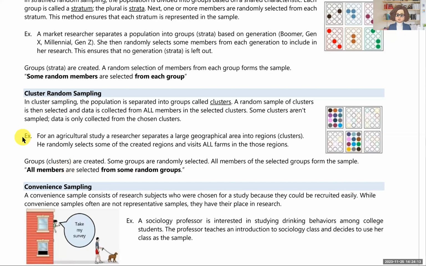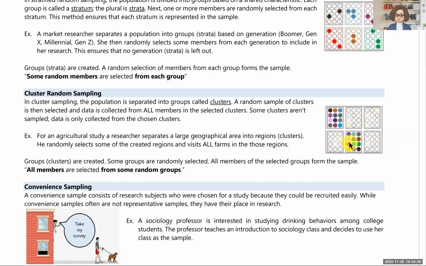So my example for an agricultural study, a researcher separates a large geographical region into areas or clusters. So perhaps they don't want to travel throughout the entire large geographical region. So what they do is select some of those regions. So out of these 6 regions, they would randomly pick 2 of them at random.